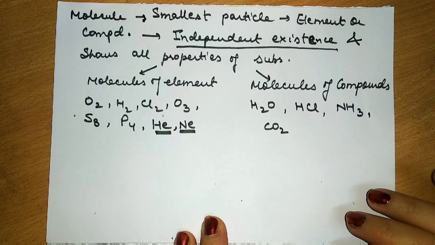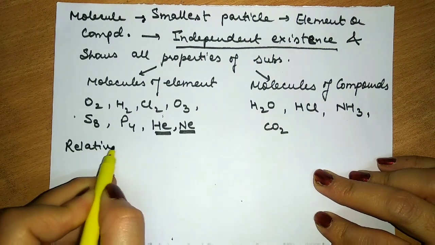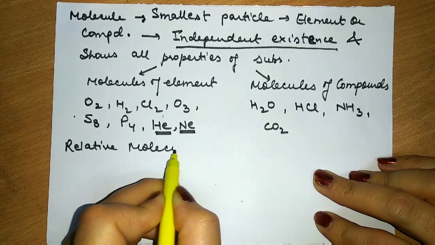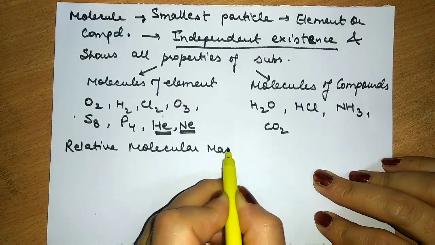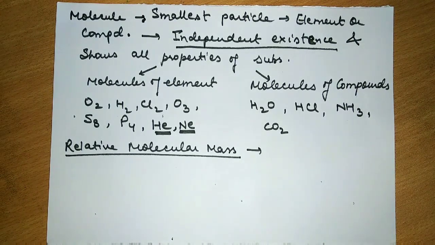Like we have discussed relative atomic mass, same we have relative molecular mass also. So what is relative molecular mass? बेटा ये भी important है, कई बार confusion हो जाता है. So don't get confused between the two things. When we talk about relative molecular mass, we need to compare the mass of one molecule with 1/12 mass of one atom of carbon.